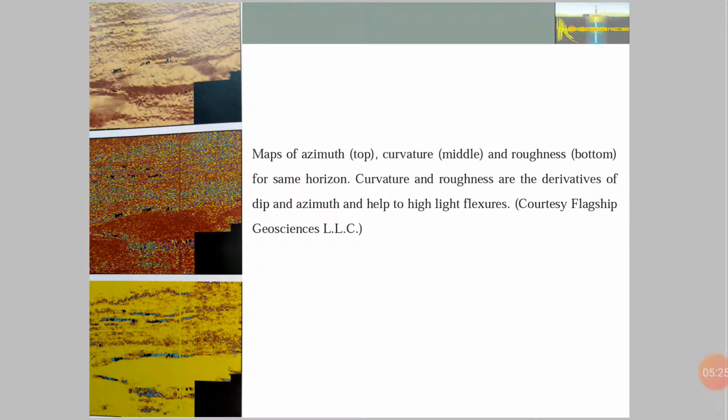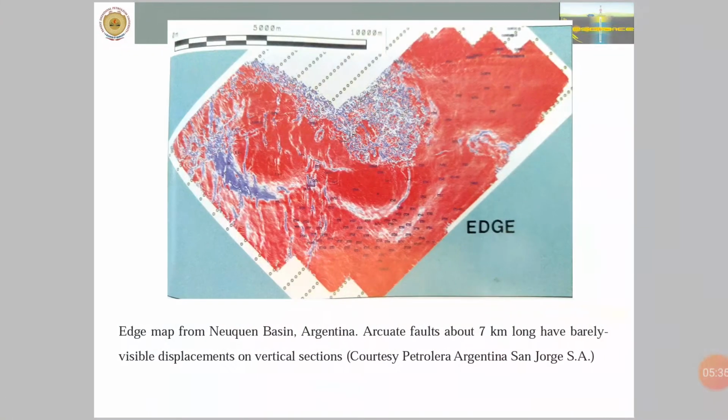It is used to map faults and fractures using the concept of razor-sharp edges, taking the thinned fault likelihood attribute as the input. Here is an edge map from Argentina. An arcuate fault, about 7 km long, with barely visible displacement on vertical sections, has been brought out very nicely on the edge map.